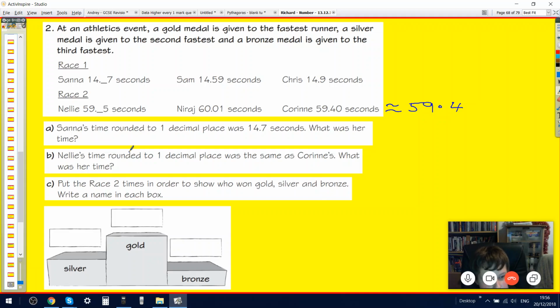So 59 point what 5 will round to 59.4? 59.05 would round to 59.1.